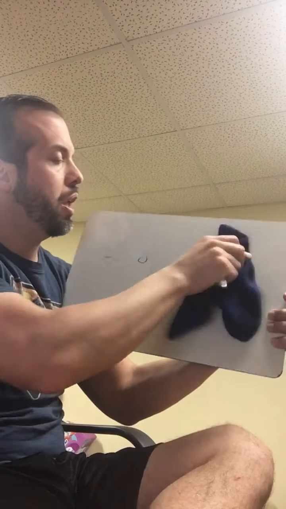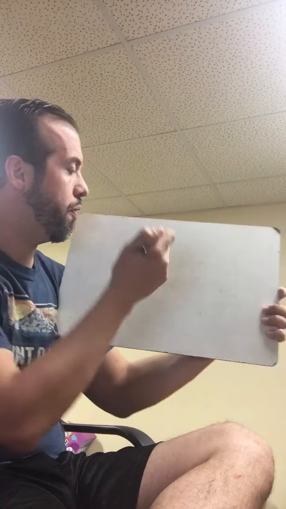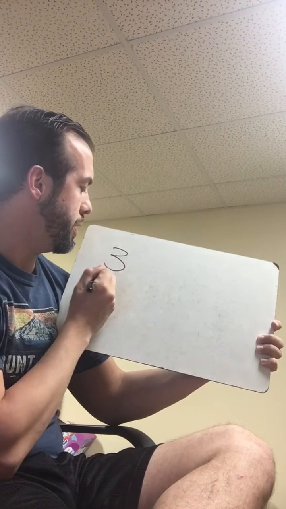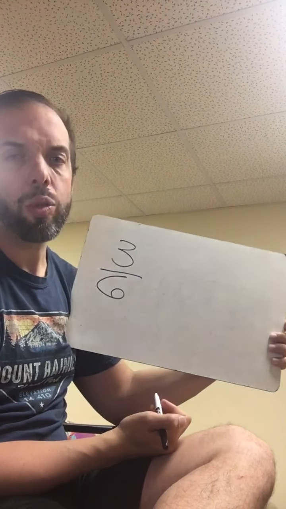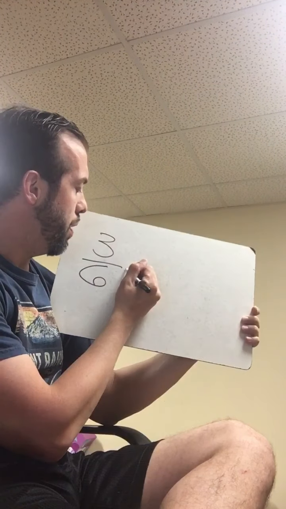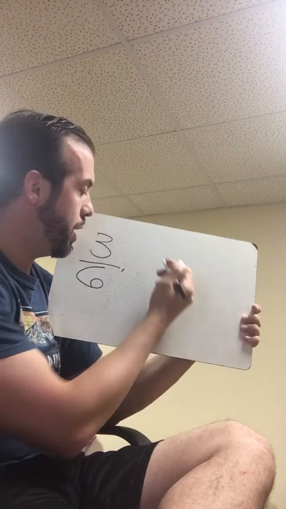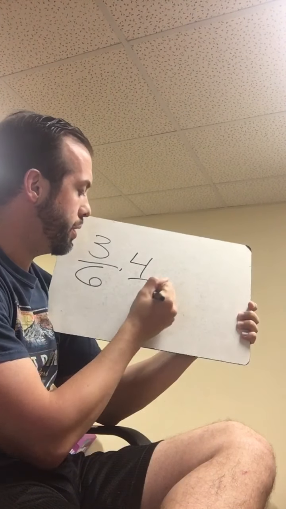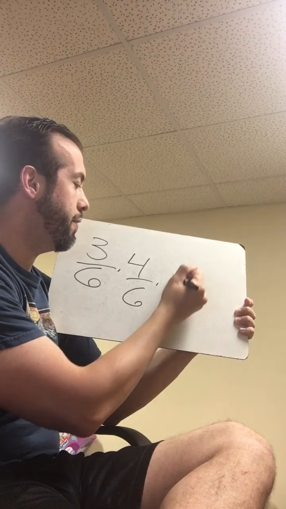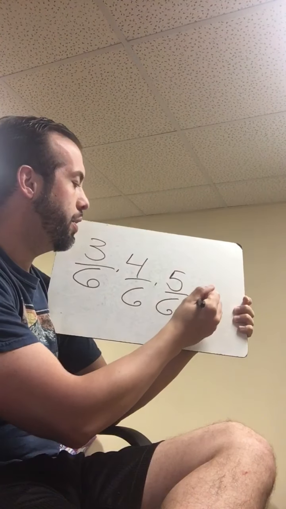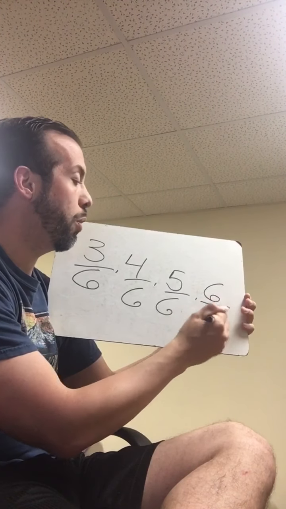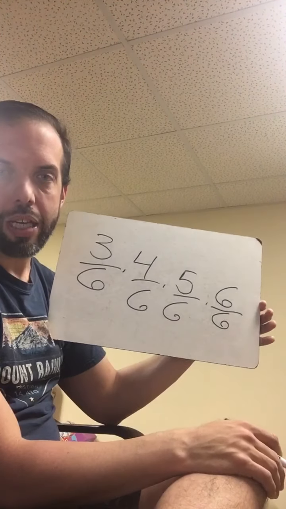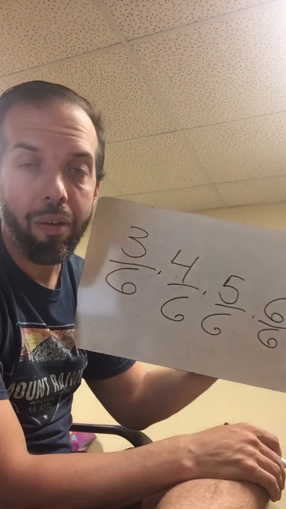So looking at number 2, the fraction was 3/6. Here's what some students did. They just continued counting, and they would do 4/6, 5/6, 6/6, or 1 whole, and so on. And they just kept going. That's not right.